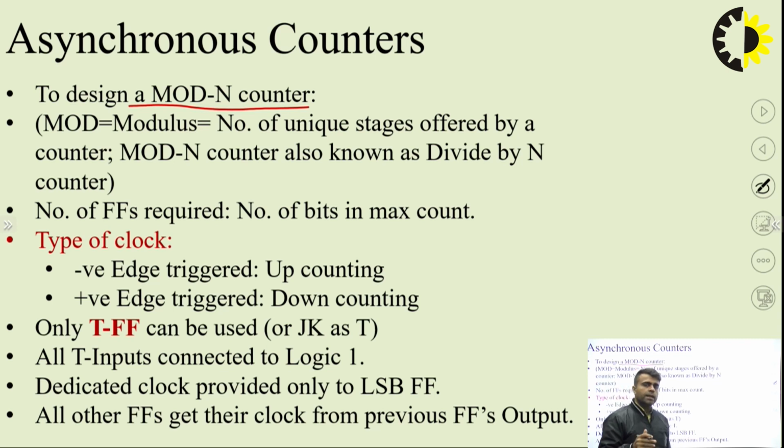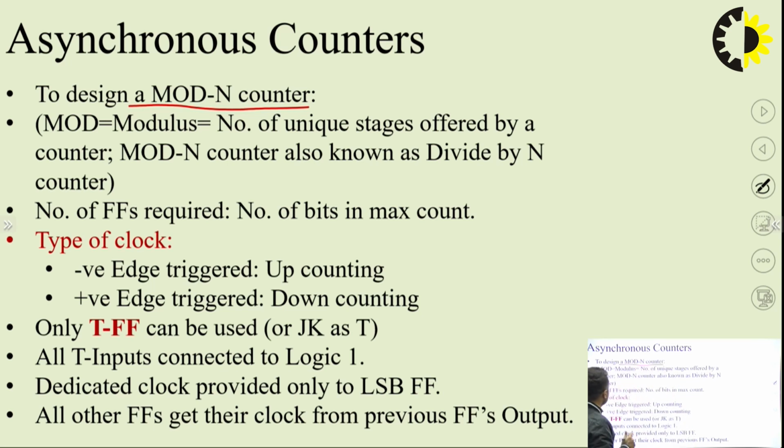If my counter will count from 0 to 7, that is 0, 1, 2, 3, 4, 5, 6, 7, there are a total of 8 stages. So the mode of the counter will be 8. That's why it is a mode 8 asynchronous up counter, up counter because it is counting from 0 to 7. Similarly, if it is counting from 7 to 0, then it will be a mode 8 asynchronous down counter.